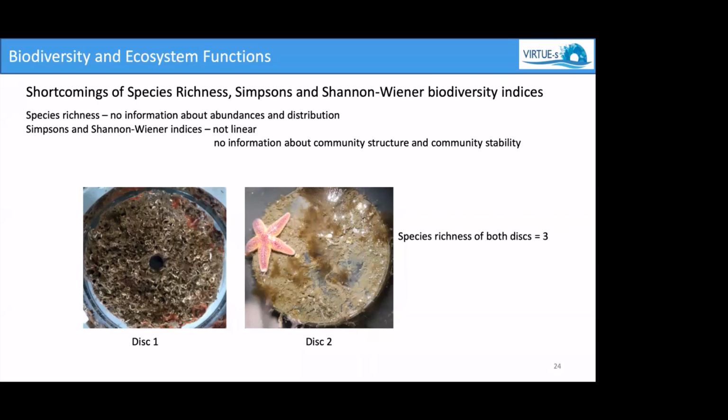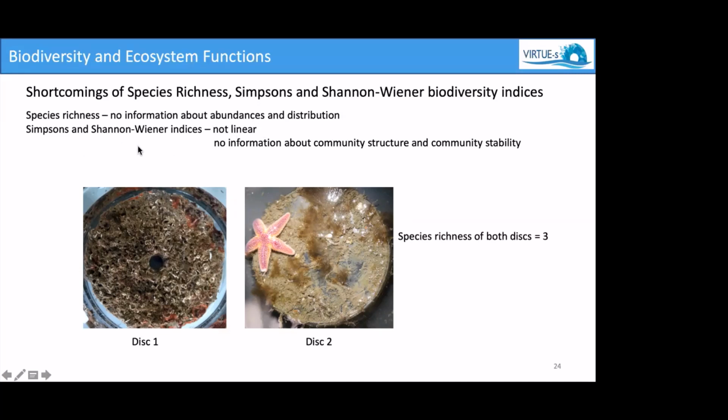For instance, species richness alone is just information about how many species are there. It doesn't give us any information about abundances and the distribution of the organisms. So just using species richness doesn't tell us too much. And the Simpson and Shannon-Wiener indices are not linear. I will explain that later.